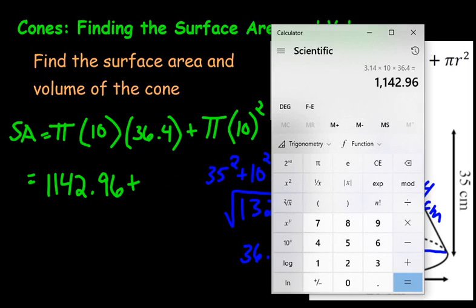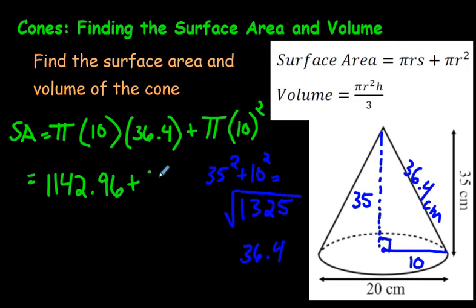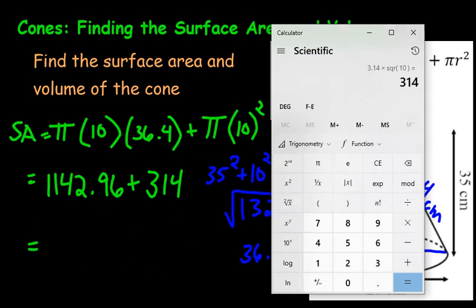Plus 3.14 times 10 squared, which is 100. And you get 314. We could have done that without a calculator. No worries. Okay, let's take 314 and add on what we had, the 1142.96.